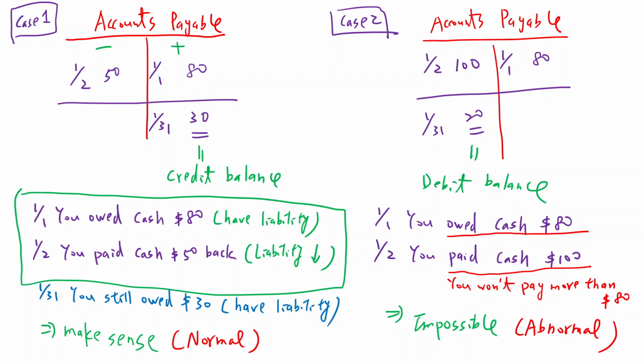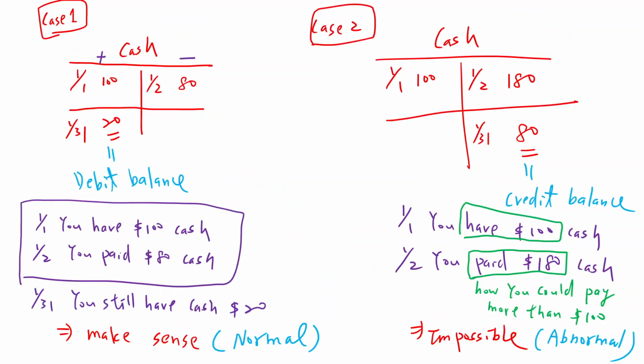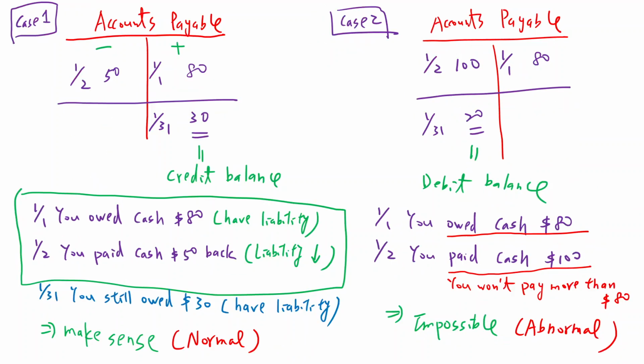Okay? So based on two situations, cash right here, accounts receivable right here. Could you find out the rule? Usually, the balance should appear on which side?